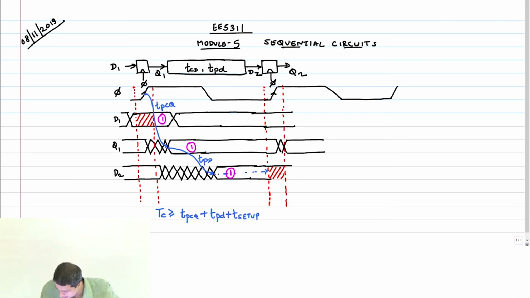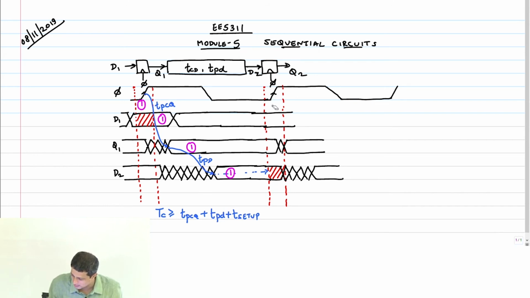So technically, as soon as this starts, it need not even go all the way there. Let's probably cause a violation. D1 has changed as soon as on the next clock edge. So this is sampling event 1. This is sampling event 2.